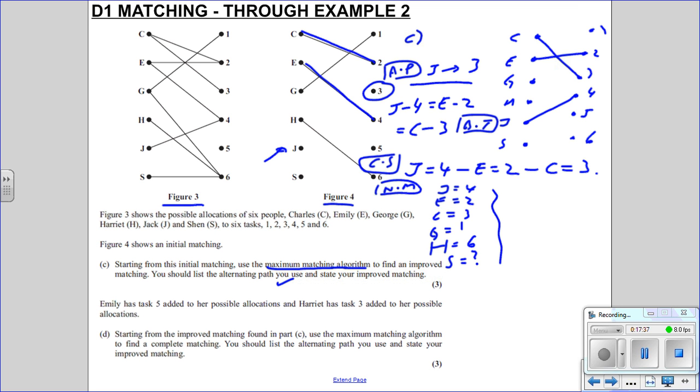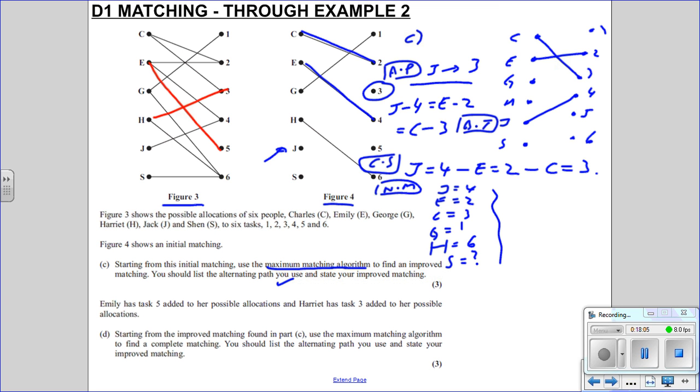Normally there'll be a question saying, well, can we complete the matching? And if you investigate it, no, we can't. We can't complete the matching without those tasks being added. And I wonder if you can spot why. So I'll let you have a look at that. Emily has task 5 added, so Emily is here, so that's now added. And Harriet has task 3 added, so there we go.